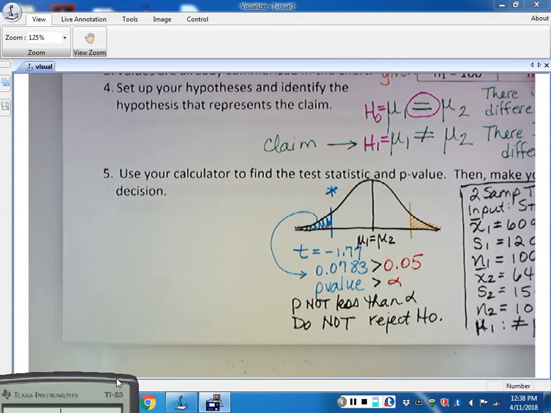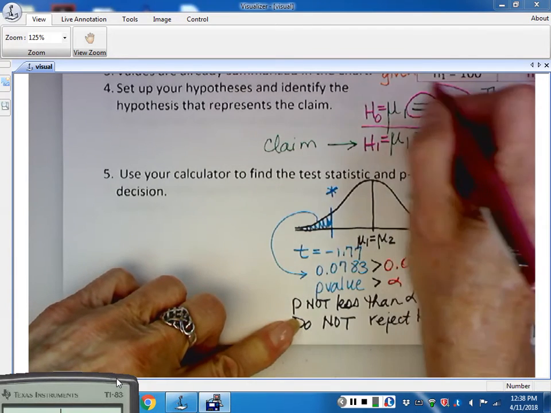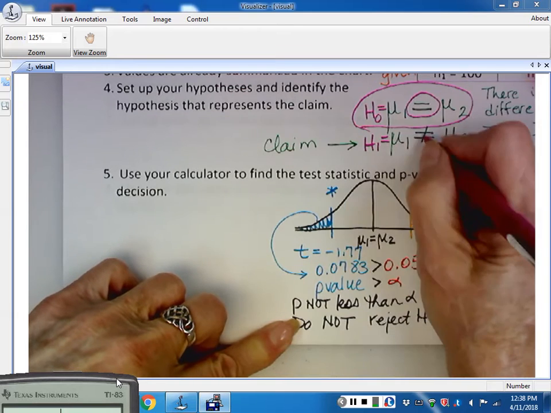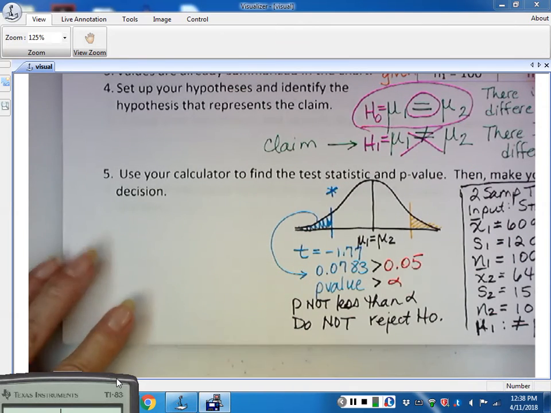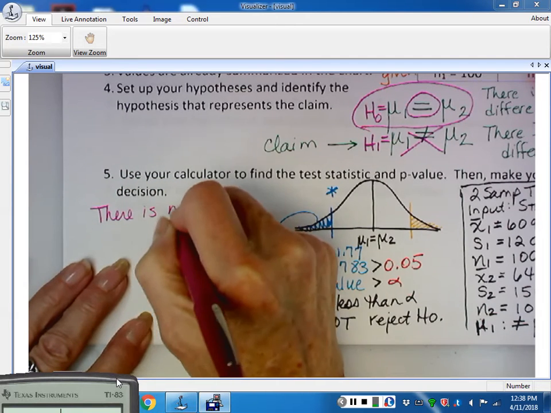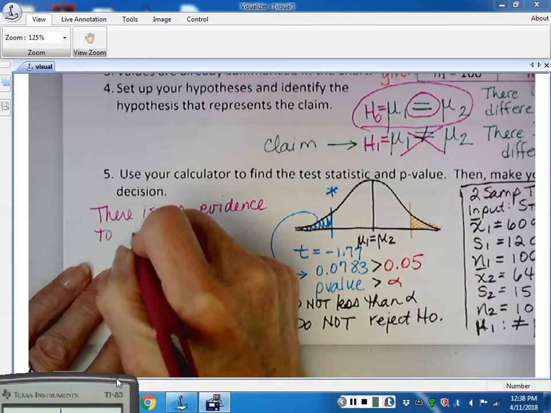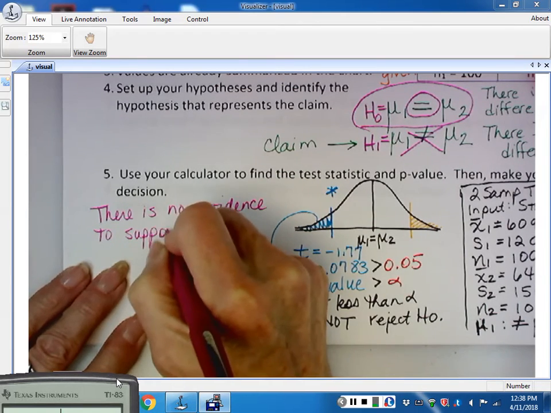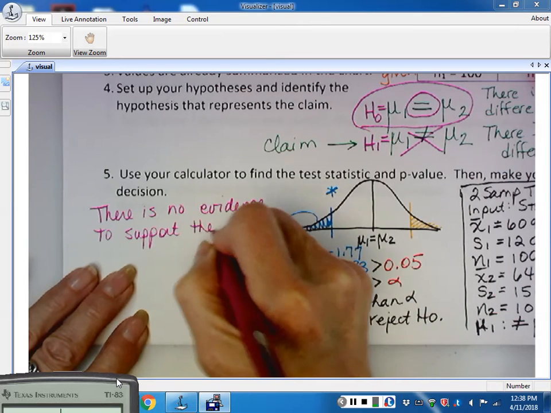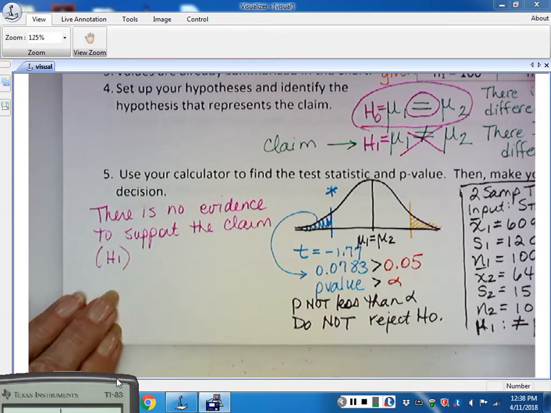But now we have to determine what that means. We have to write a conclusion. We do not reject H0. We keep H0. We have no evidence to support H1. So the claim was H1.